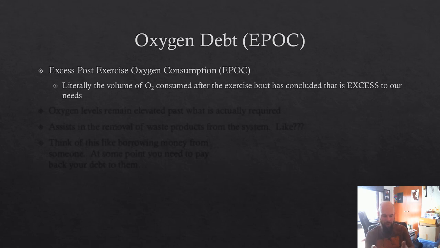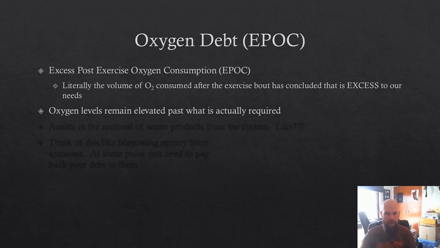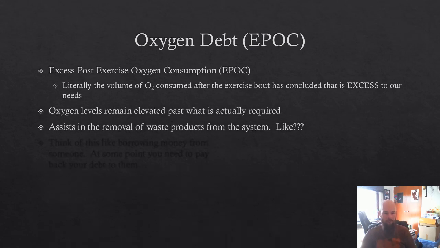It's replenishing everything that was used in the activity, but because activity stopped, it's excess to what we actually need. So the oxygen levels are going to remain elevated. It removes the waste products. So what are some of the waste products that it's going to be used to get rid of?